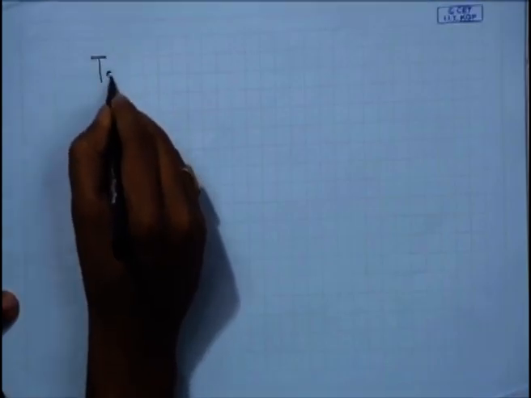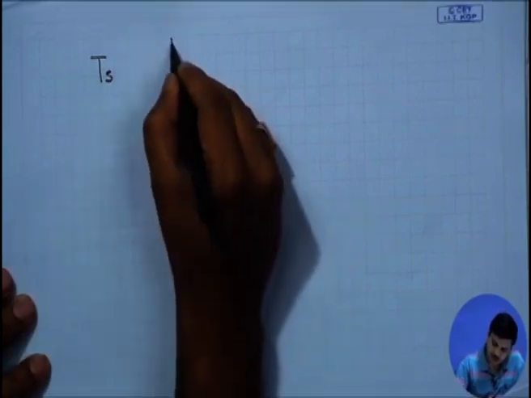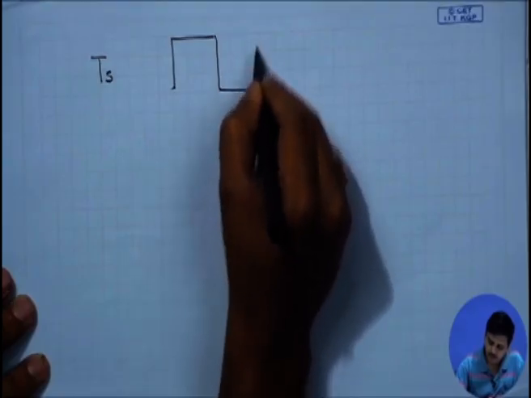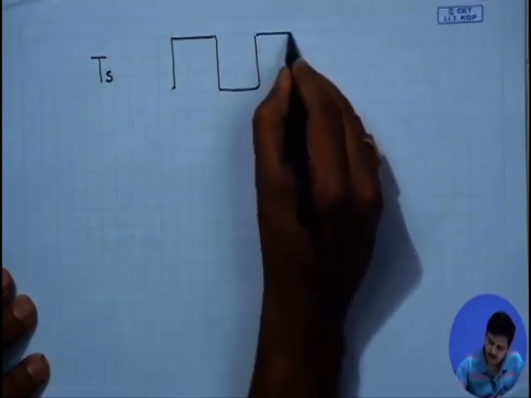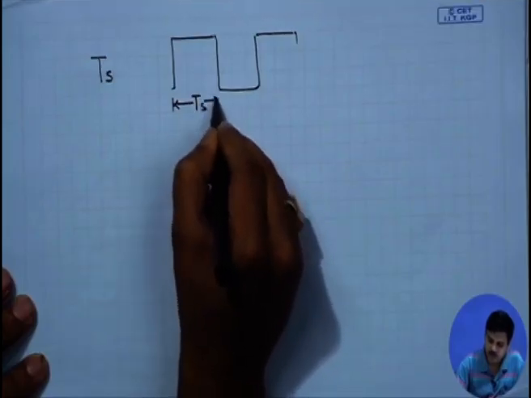Suppose we have Ts as the symbol duration. Symbol duration means we are talking of a digital communication system, in which we are sending symbols like this and so on. Let this be the symbol duration.